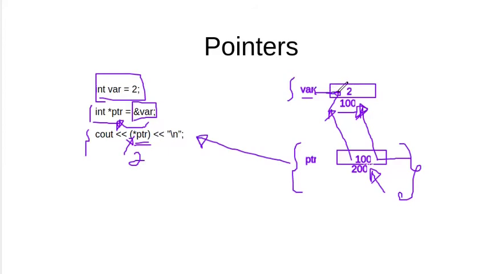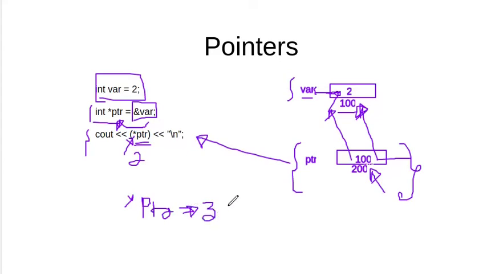If I ask you to change the value of var from 2 to 3, you can do this with the help of the pointer itself by writing *ptr = 3. This will change the value of the variable.